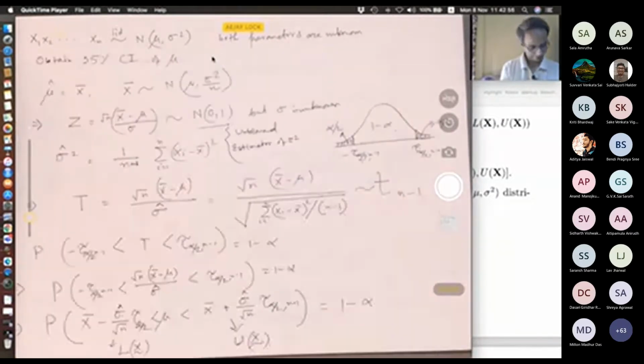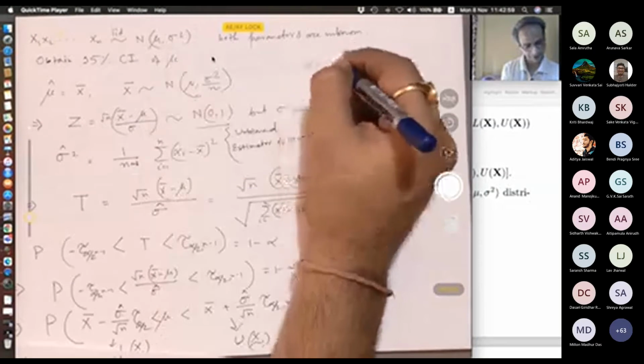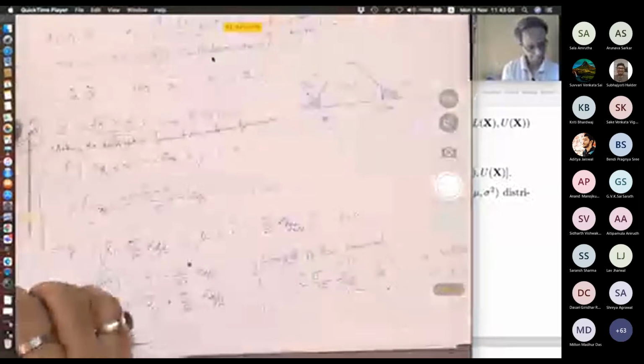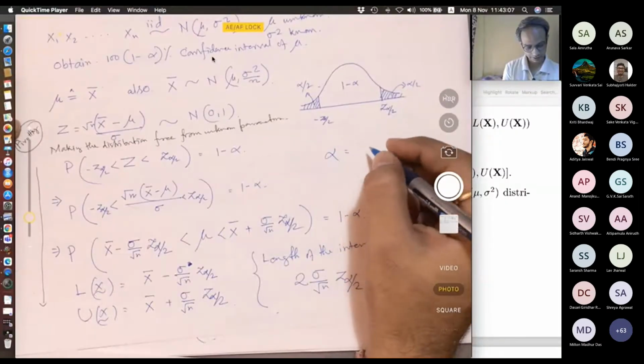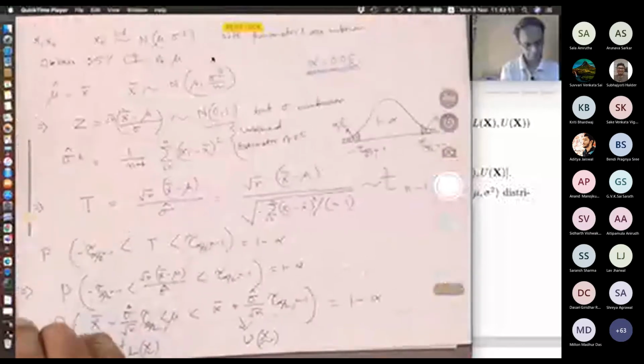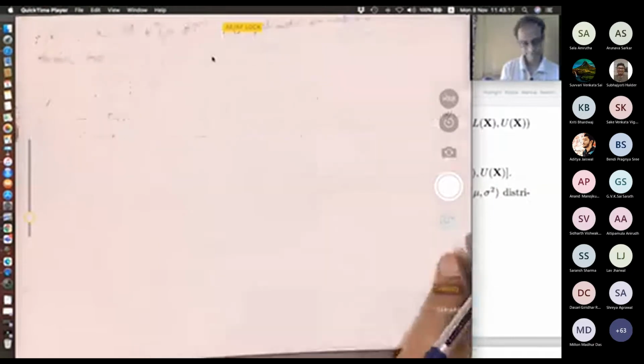Here I am writing everything in terms of alpha, so 95% means alpha equals 0.05. You can put any value of alpha between 0 and 1. It will not be a problem.